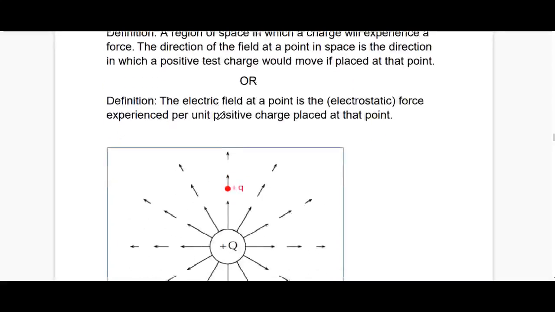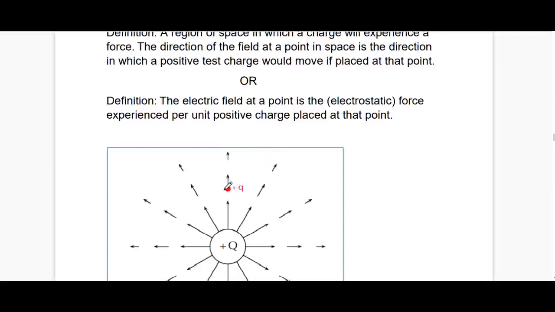What it simply means is that it is a point somewhere in space around a charge whereby if you place a test charge, the test charge will experience a force. And the direction of those field lines is determined by the direction in which the test charge will move.